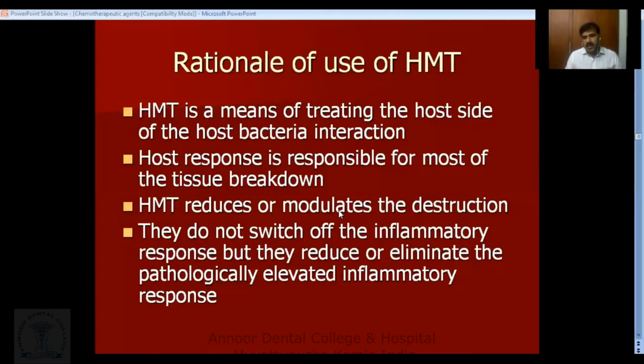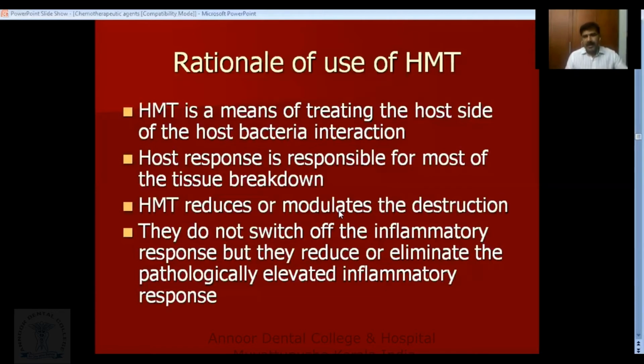If there is some problem with the host, that host response is mainly responsible for a lot of the dysfunction that takes place. So by host modulation therapy, you are giving certain drugs. These drugs do not switch off the inflammatory response completely, but they reduce or eliminate the pathologically elevated host inflammatory response. That is what we try to do by means of host modulation therapy.